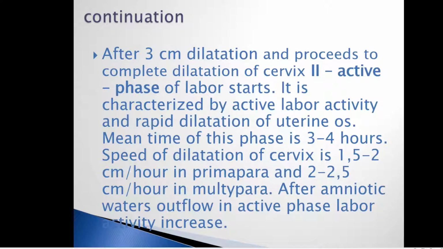Speed of dilatation of cervix is 1.5 to 2 centimeters per hour in primipara and 2.5 centimeters per hour in multipara, but usually it must be not less than 1 centimeter per hour. After amniotic water outflow, in active phase labor activity increases. It happens because of increased level of endogenic prostaglandins.